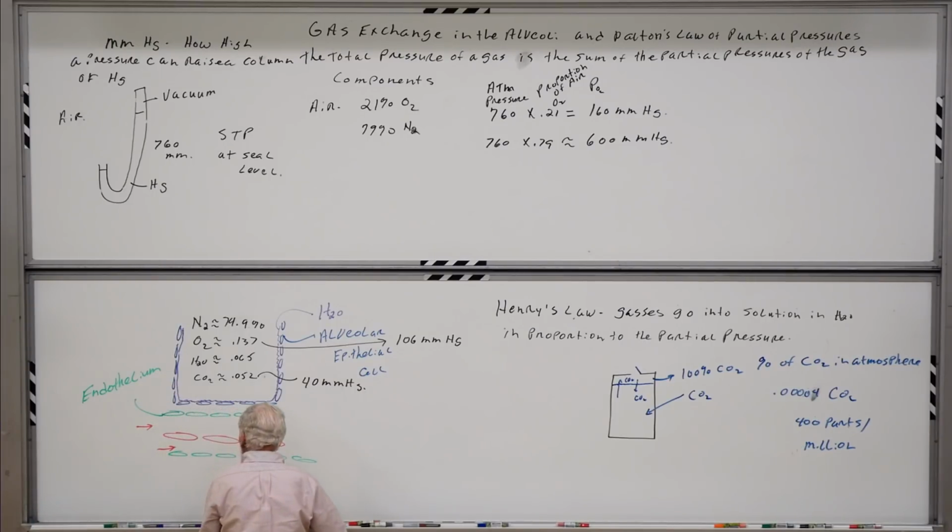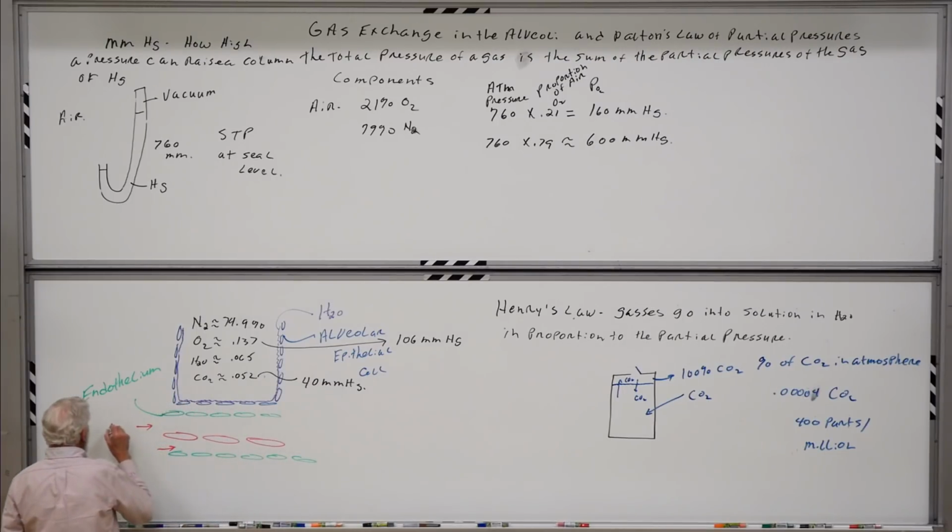And if we look at the numbers and we imagine the PO2 in venous blood. Remember, we're asking here the partial pressure of oxygen in the blood that's returning from the systemic vasculature.